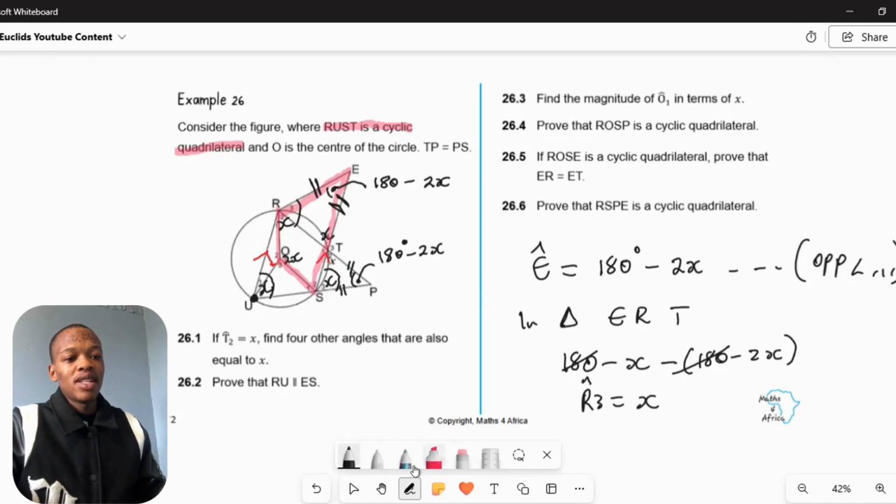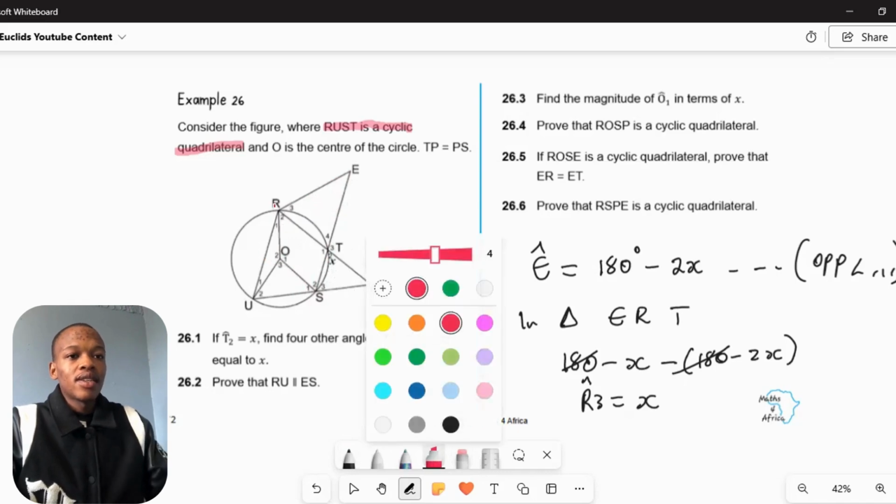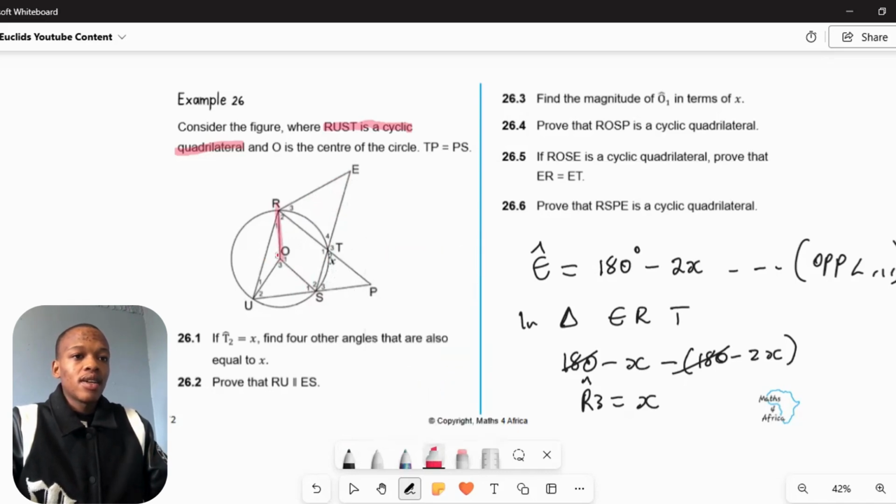Right, let's go for prove that RSPE is a cyclic quadrilateral. RSPE. My diagram now is rough. Right, let's go and highlight RSPE. You see that? Which means now we have to prove that this one is equivalent to this one.